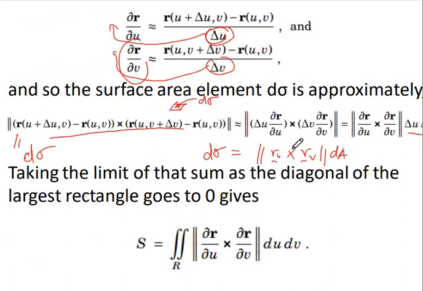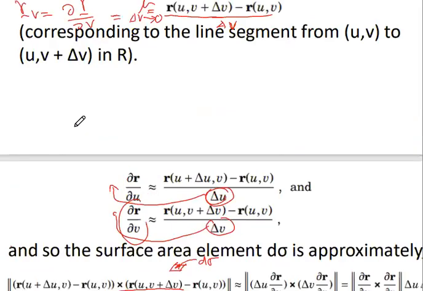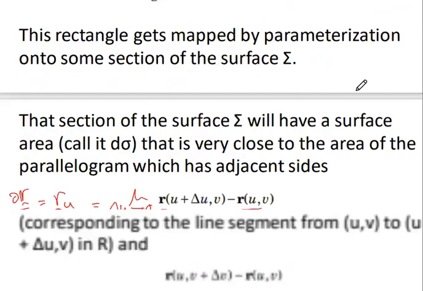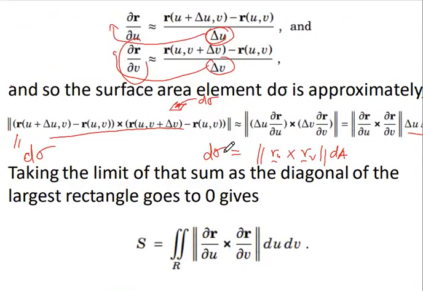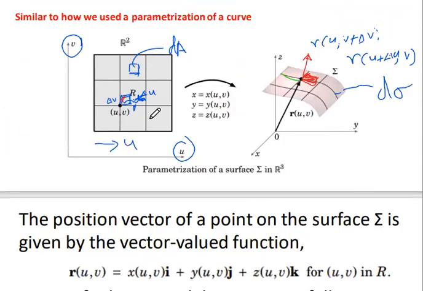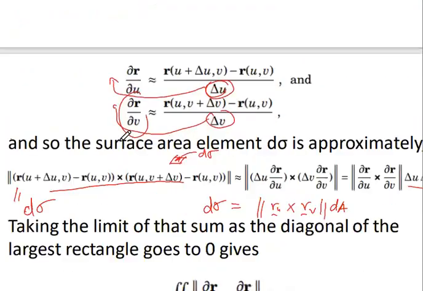And if you take the magnitude, that means the area of this infinitesimal parallelogram, which is denoted by d sigma. d sigma is equal to the magnitude of that cross product of these two partial derivatives times dA, the infinitesimal area of this. So this is the relation.